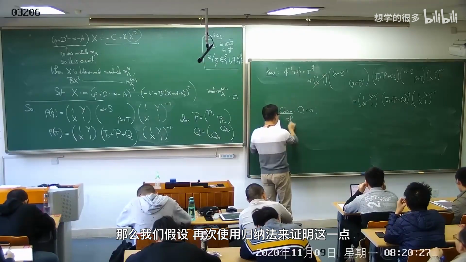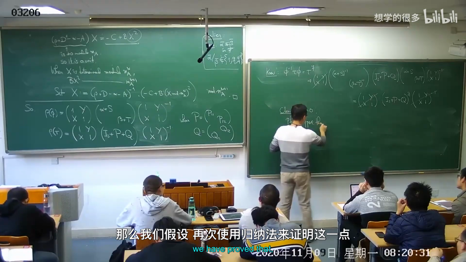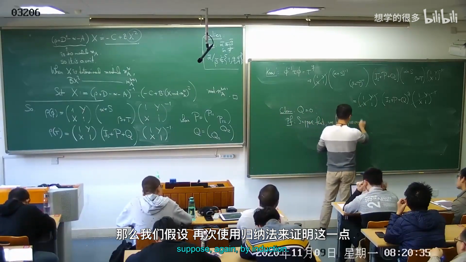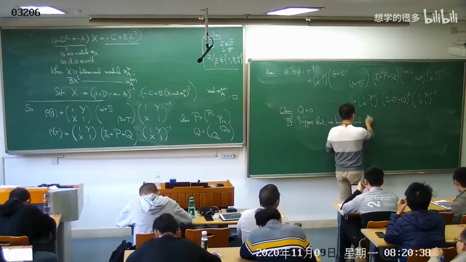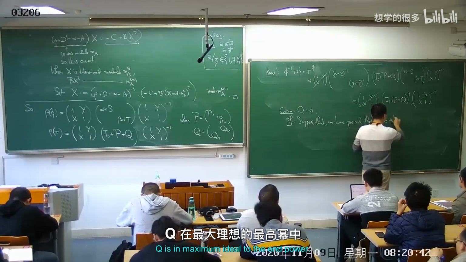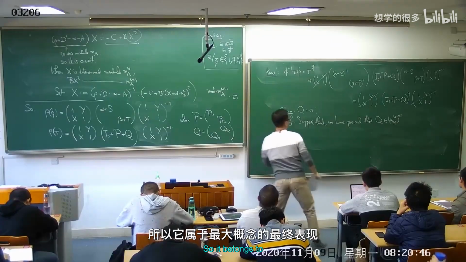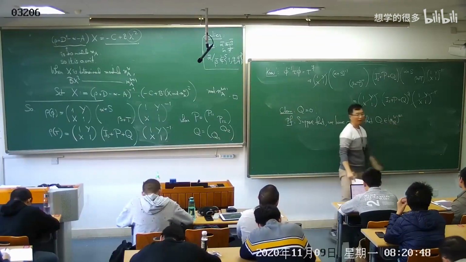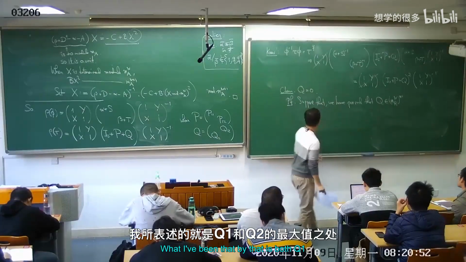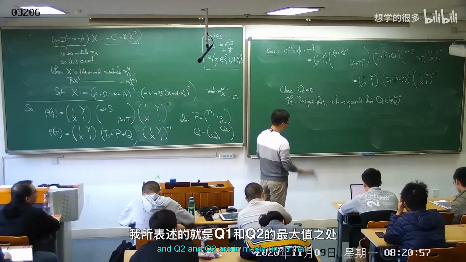Proof of that: suppose we have proved, again by induction, that Q is in the maximal ideal to the nth power. We have two entries and two variables, so it belongs to the maximal ideal to the nth power. Namely, what I mean by that is both Q12 and Q21 are in that.